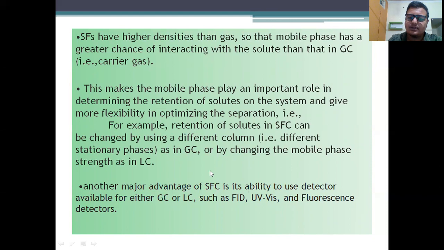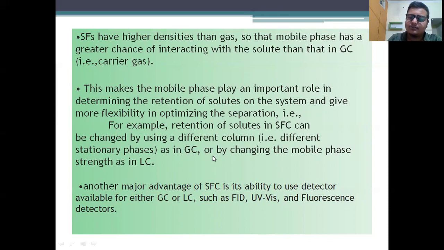To increase the retention time in gas chromatography, we usually increase the column length by adding a different kind of column to it. So this method can also be employed in supercritical fluid extraction to increase the retention time.